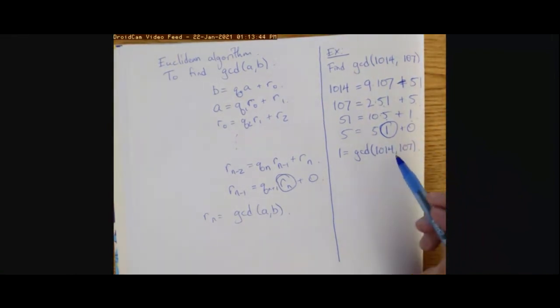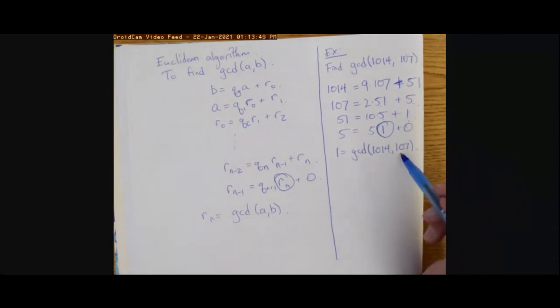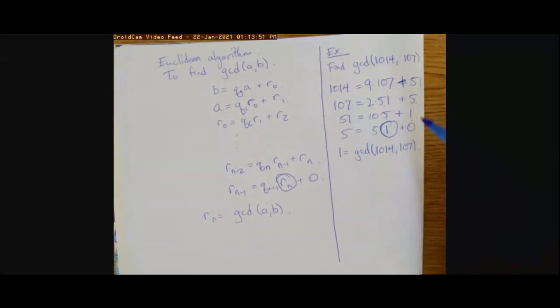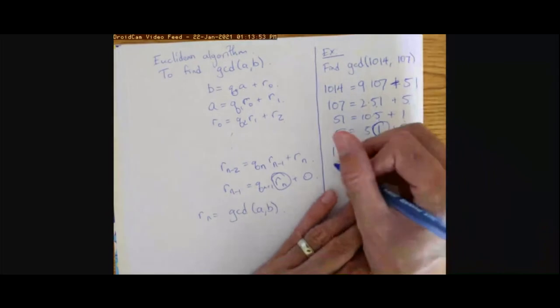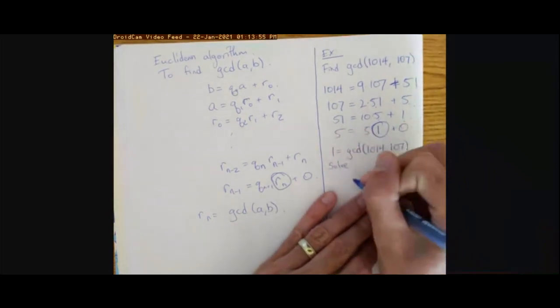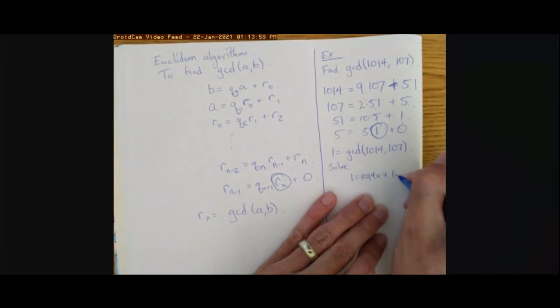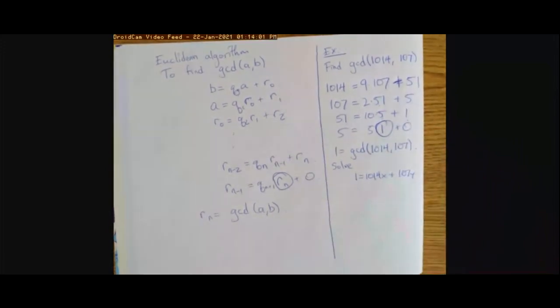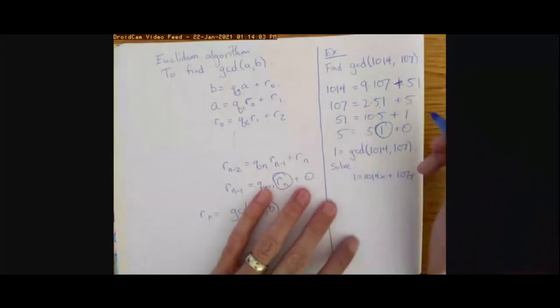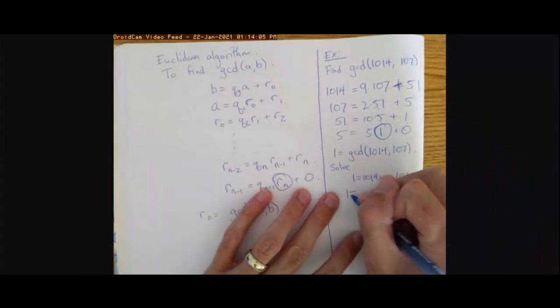And whenever you find the GCD, you can always find integers x and y such that 1014x plus 107y equals 1. You can do that by back substitution. So let's solve 1 equals 1014x plus 107y. Well, we do that by back substitution.